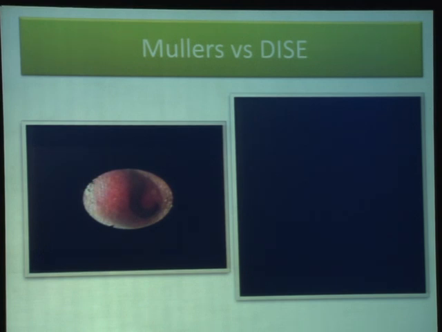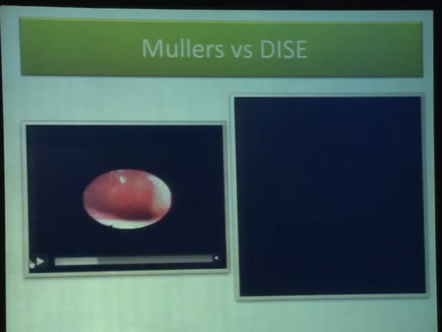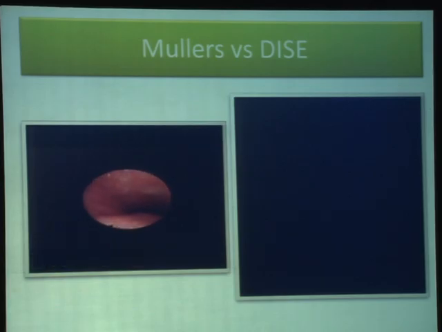And I have an interesting slide here. A slide wherein for the same patient, I have compared modified Muller's and what I have found is as long as you're in the upper level, retropalatal level or upper velum level, things are fine.